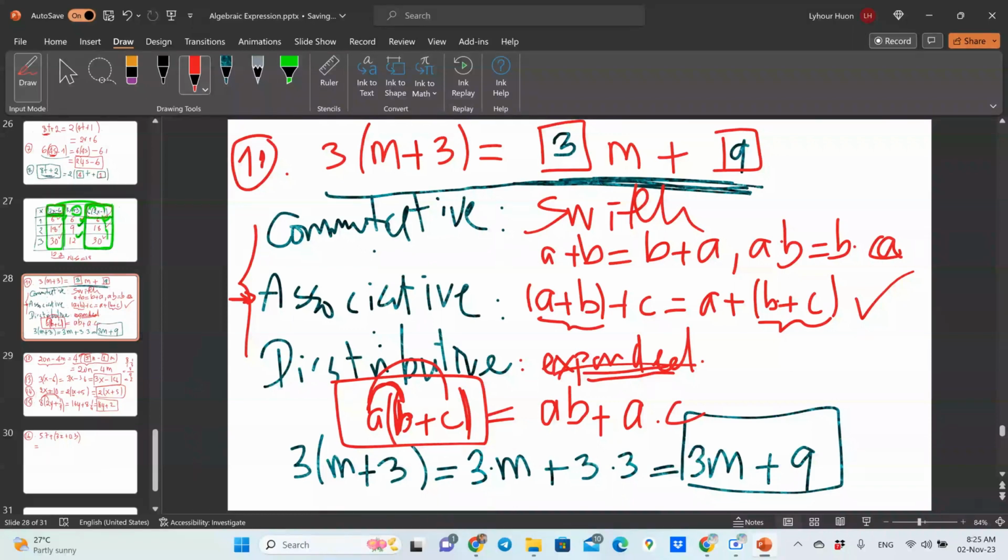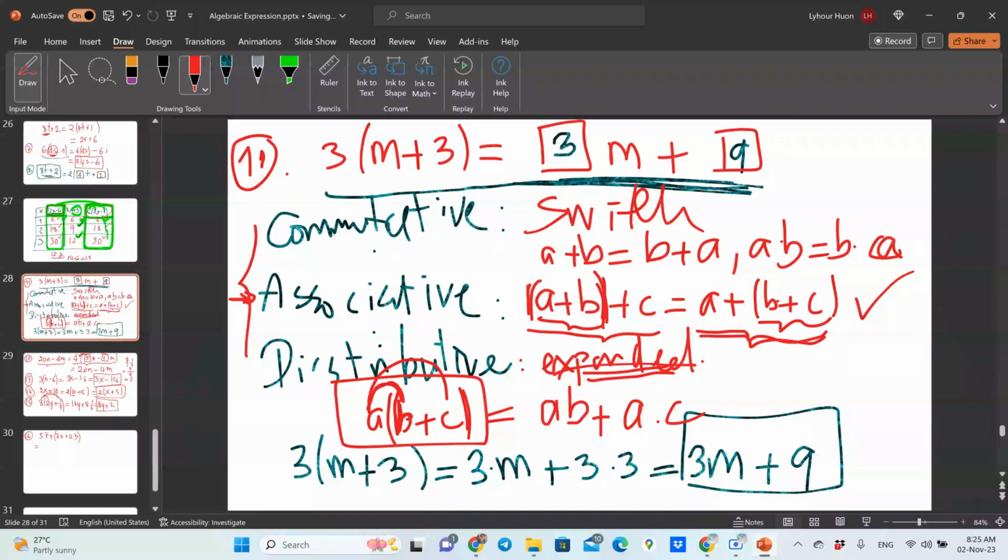But associative is where we open the parentheses, but the result will remain the same. So a plus b inside the parentheses plus c equals a plus b plus c.